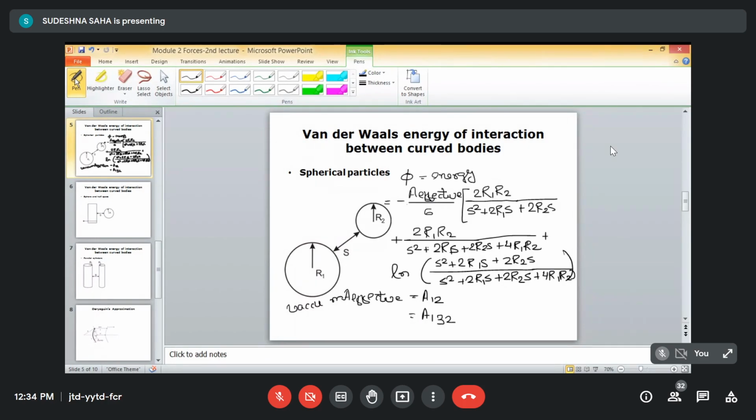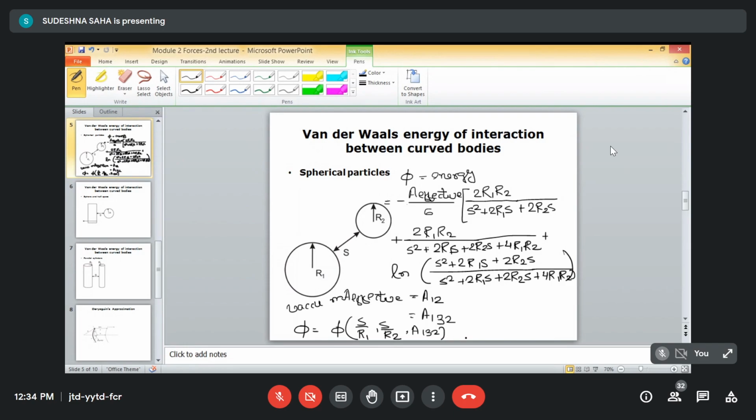Okay, so basically it depends on R1, R2, and S. So if you do several algebraic manipulations, you will find out that phi is a function of S by R1, that's why I was telling, S by R2, and A132.